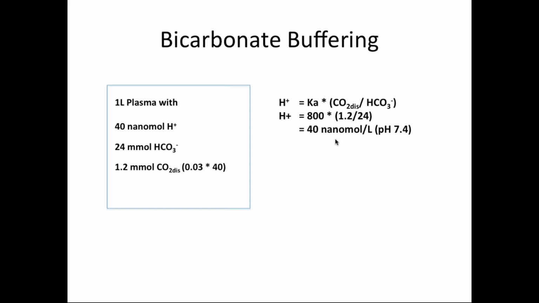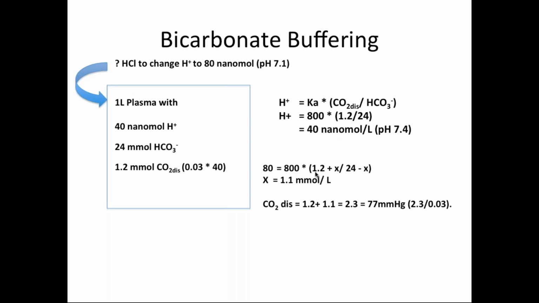So now let's add acid to it, or let's try and calculate how much HCl we would need to add to change the H plus concentration from 40 to 80, which would mean that the pH would change from 7.4 to 7.1. So to do that, we would have to estimate the amount of HCl we would add.